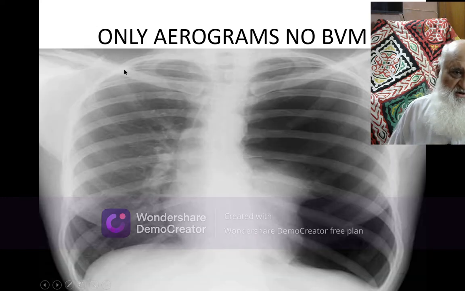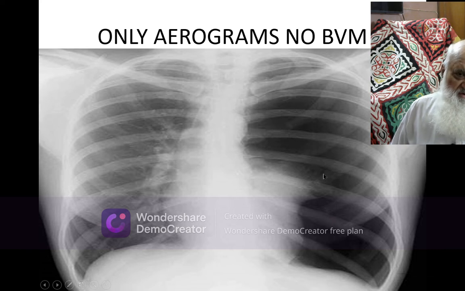Only aerograms. Look, there are no bronchovascular markings on the left side, zero. On this side there is air in the pleural space. It is pushing also, so there is pushing of the mediastinum to one side.